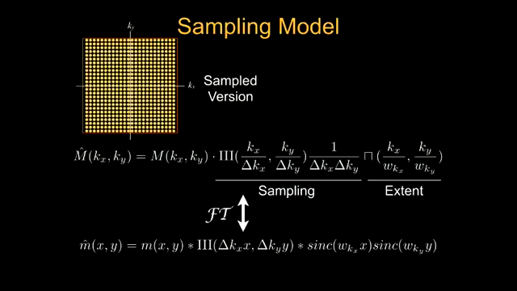Okay, and then once you Fourier transform it, the whole reason we're doing this is to look at the resolution and field of view. This is the discrete domain, the samples or signals that we're getting.